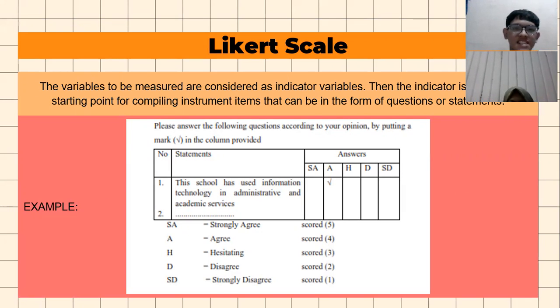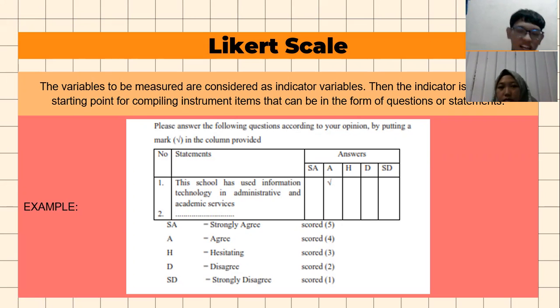All right, Likert scale. The variables to be measured are considered as indicator variables. Then the indicator is used as a starting point for compiling instrument items that can be in the form of questions or statements.